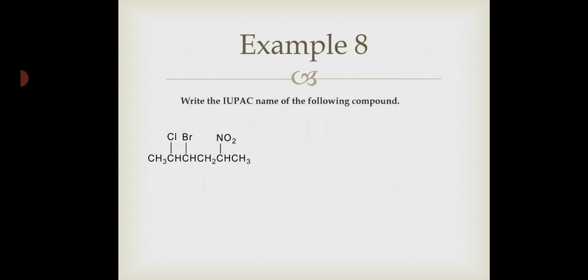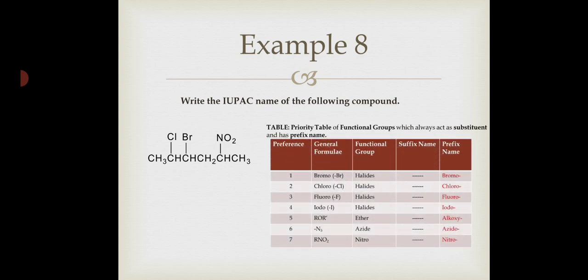Coming to example 8, write the IUPAC name of the following compound. This is also easy. Don't you think so? The substituents in the compound are chloro, bromo and nitro, and all these groups always act as substituents and have a prefix name. Refer to the priority table.